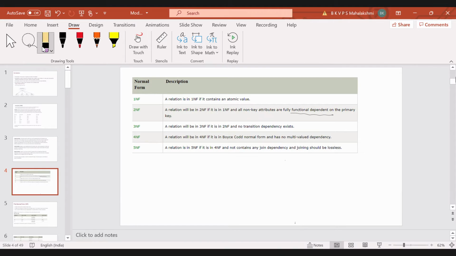So first normal form, second and third. Today I'll tell you even about the third normal form, and we'll do some example problems on 2NF also.